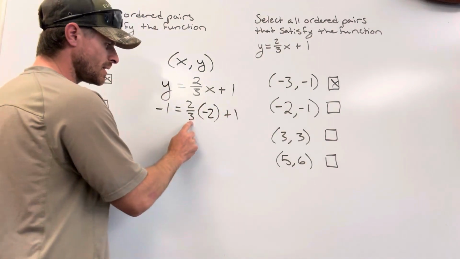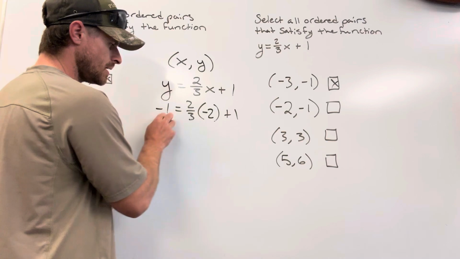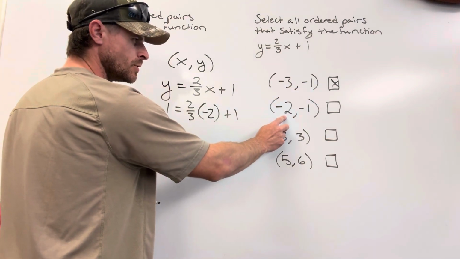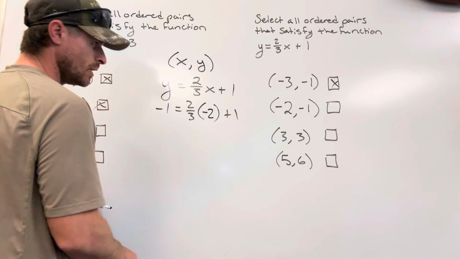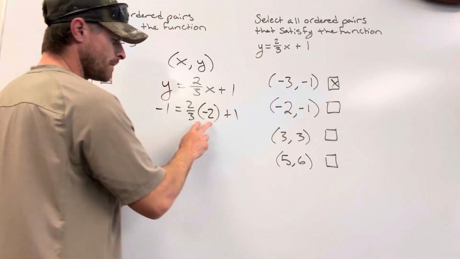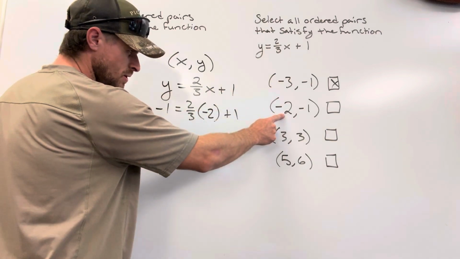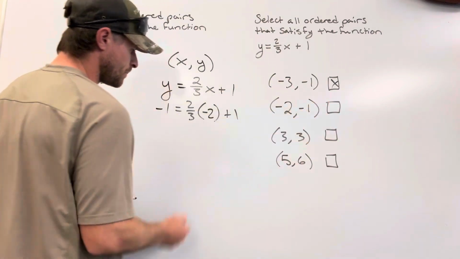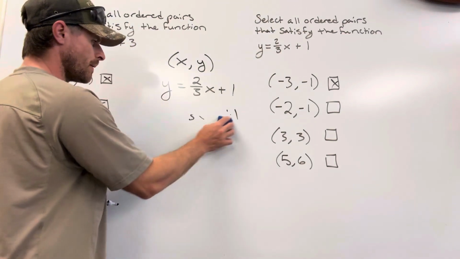Didn't we just multiply this times -3 and get -1? How would we multiply by -2 and get -1? That's not possible. So I can confirm right away, if -3 produces a -1, changing the -3 to a -2 won't produce the same value. So I'm going to leave that box empty, and I don't even really need to work through that problem.